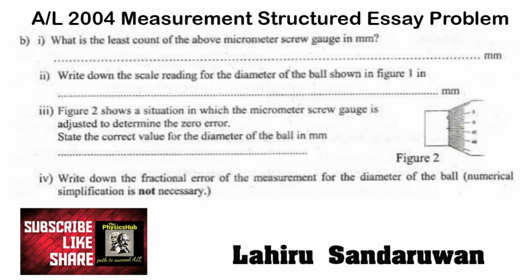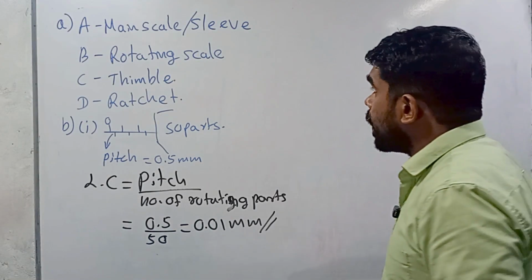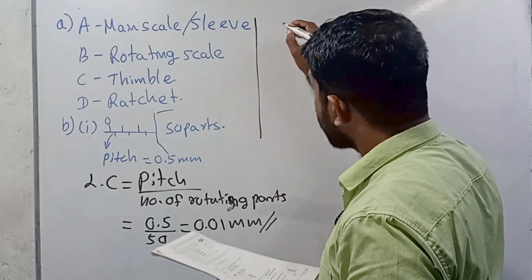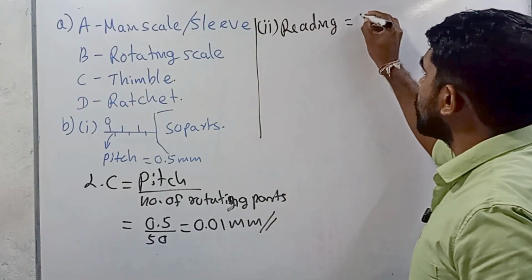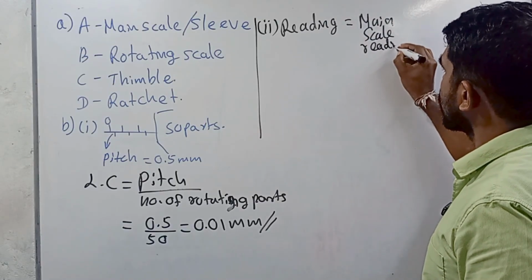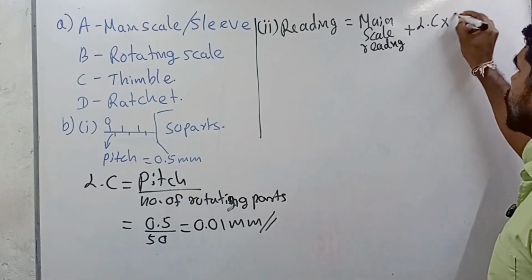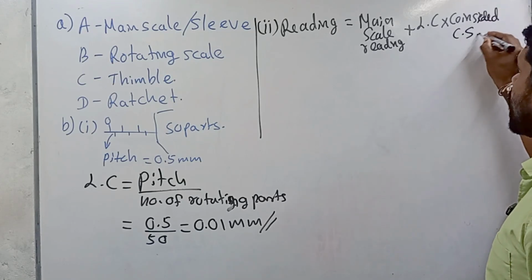In part 2, write down the scale reading for the diameter of the ball shown in figure 1. We have to consider the reading in figure 1. When getting the reading, we can write reading equals main scale reading plus least count into coincided circular scale part.